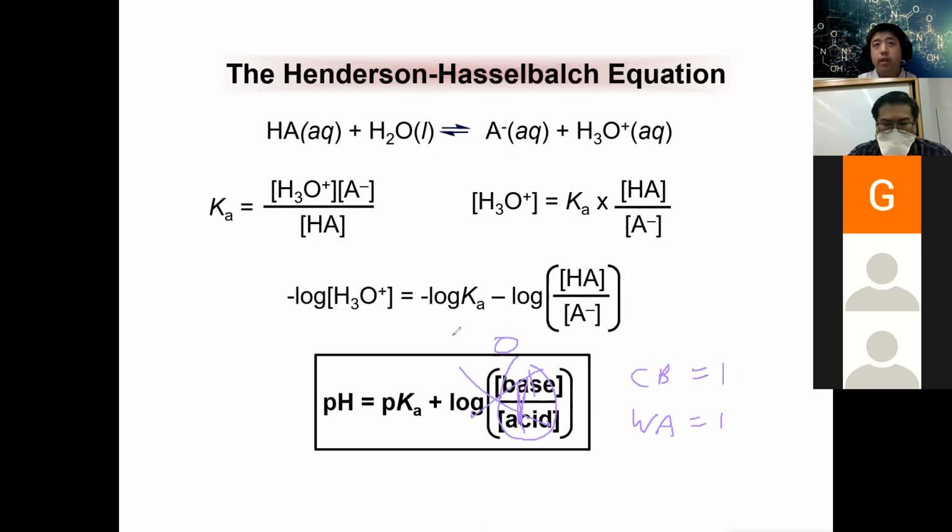Okay? So then I can say that if the concentrations of my weak acid and conjugate base are equal to each other, my pH is equal to my pKa. Same thing as if I was saying my H plus is equal to my Ka, which was equal to our x. So when we solved it earlier, we had 1 molar and 1 molar, or we had 0.5 molar and 0.5 molar. So they would essentially cancel each other out. My pH would be equal to my pKa.